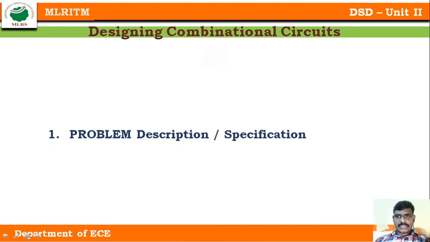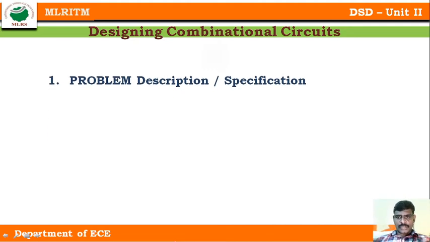To design any combinational circuit, these are the 5 steps we need to follow. One, we need to describe the problem statement or specification. We need to understand what we want to design, so you need to understand the description of the problem statement.